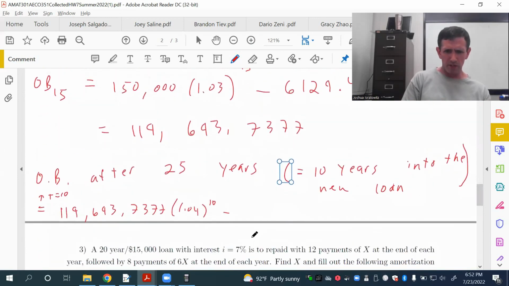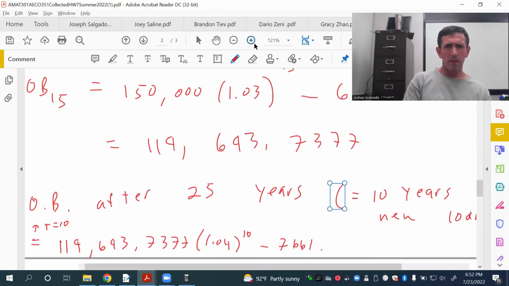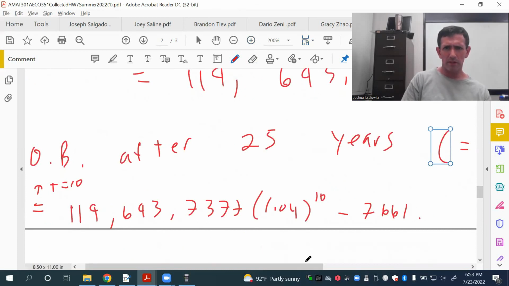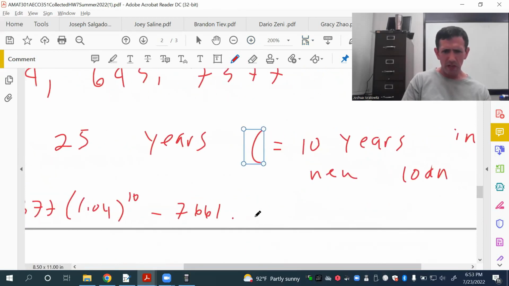So that's going to be 7661.83. Then s_10 at 0.04. We're going to plug in t equals 10. And we get 85,187.21.